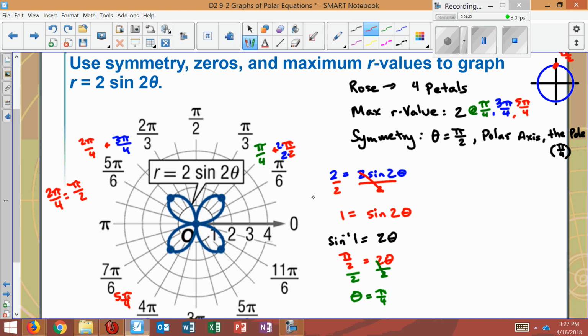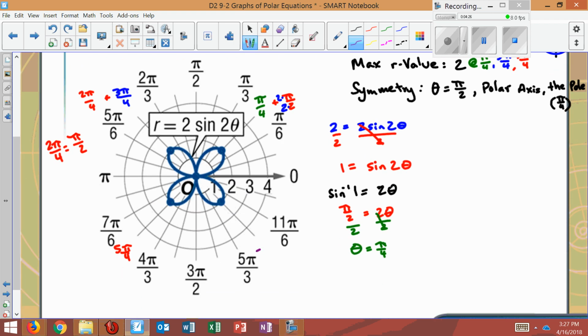Now I do it one more time, and you get this last one in the fourth quadrant, which is 7 pi over 4. Or if you remember the tricks from earlier in the year: first quadrant has nothing in the denominator, second is almost 1 whole pi, so it's just a little bit less, this one's a little more than 1 pi, this one's almost 2 pi. Or you could have just kept adding 2 pi over 4. So there are the maximums.